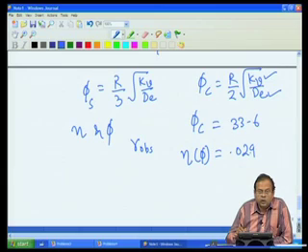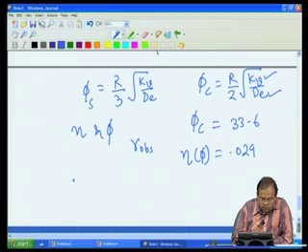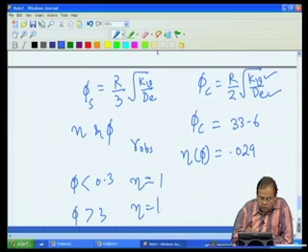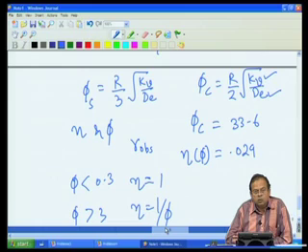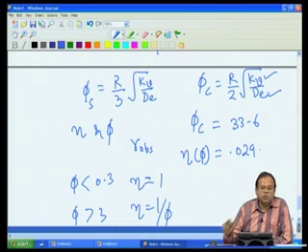You do not even have to do any calculation. Remember, this Thiele modulus is much higher than the value of 3. What is the significance? We had seen for Thiele modulus less than 0.3, eta was close to unity. For Thiele modulus greater than 3, eta went as 1 over phi. So, the moment you know phi, you can immediately calculate eta.